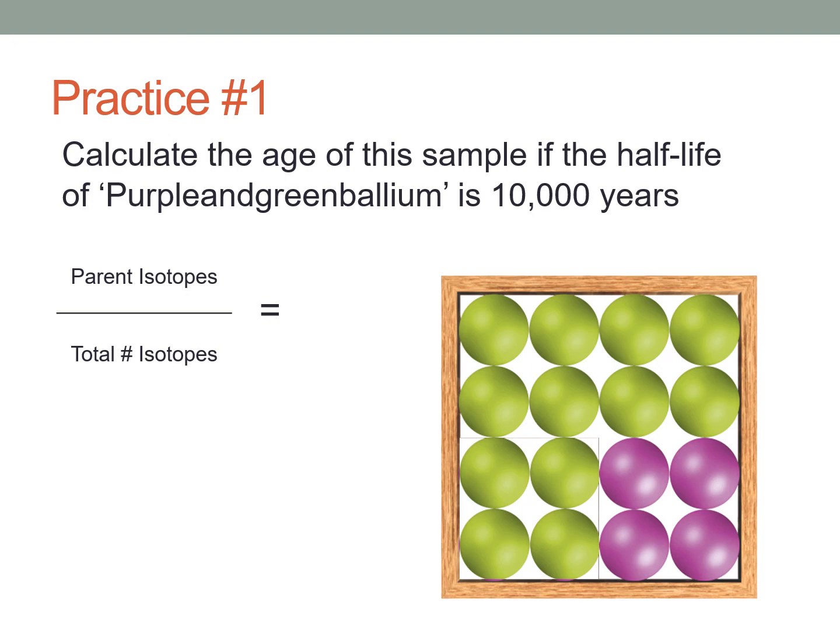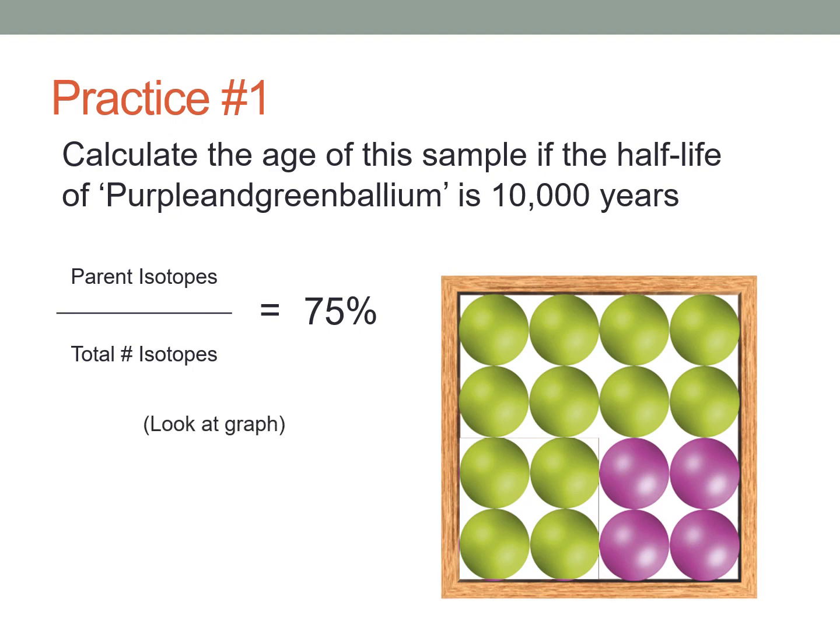Our number of parent isotopes is 1, 2, 3, 4, 5, 6, 7, 8, 9, 10, 11, 12. Okay, so 12 divided by 16, and then if you multiply that by 100 to give yourself a percentage, you end up with 75%. So 75% of our sample is still parent isotopes.